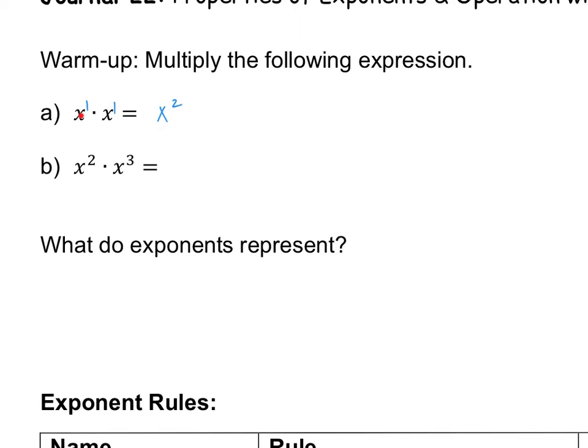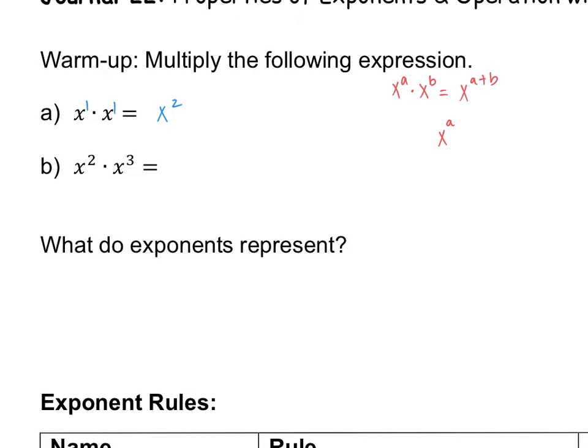So anytime we're multiplying an x with an x, we get x squared because it goes by this property where if we have an x to some power and we multiply it by another x to some power, we always add the exponents. And that works if the exponents have the same base.